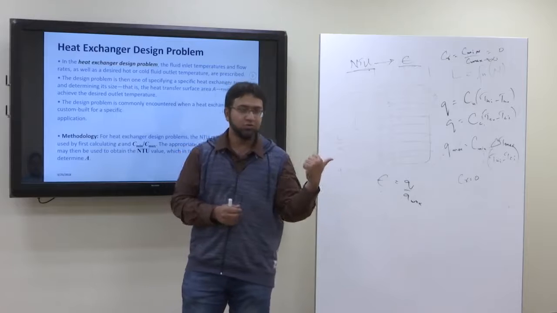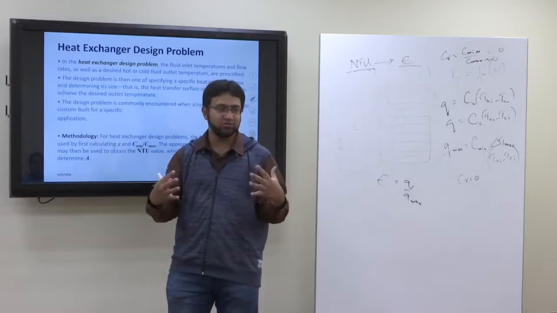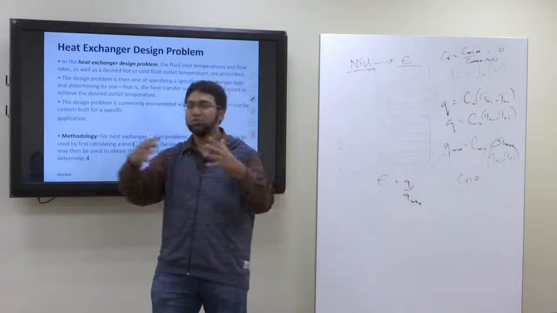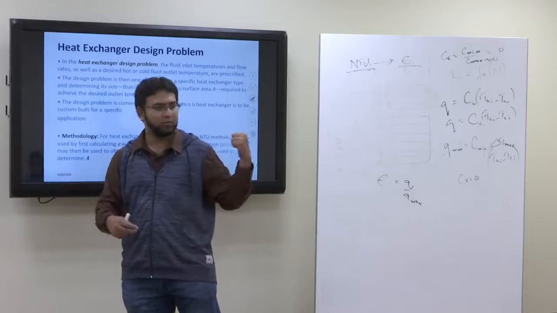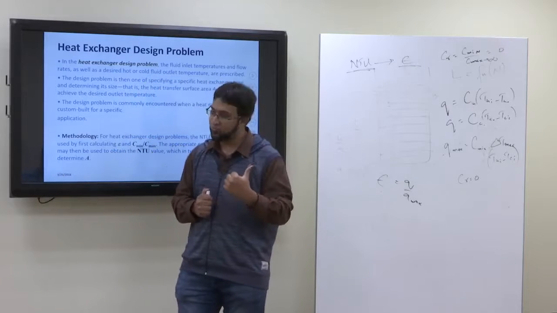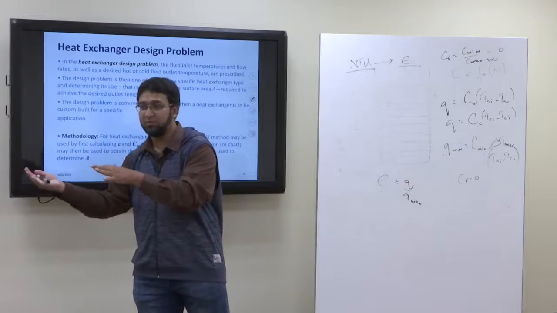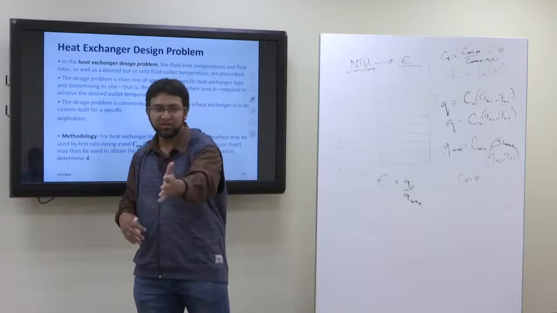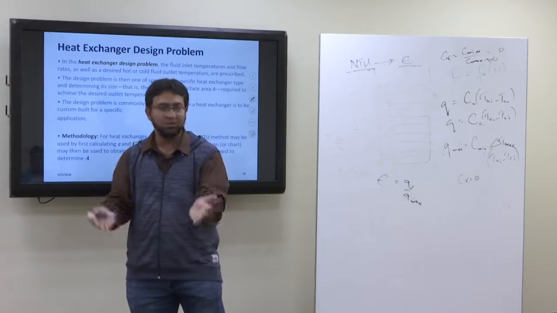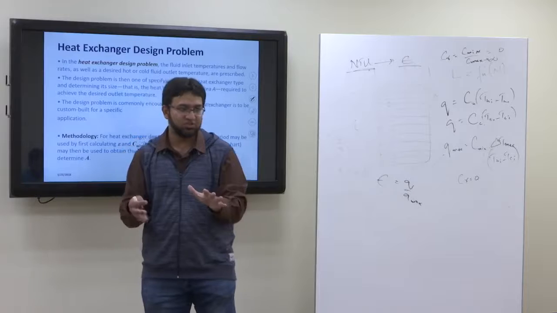In a design problem, you don't have the dimensions. You have all the inlets and outlets, and you want to know what should be the length, like the kind of problem we have been solving before. The other kind is the performance type of problem. Let's say you go to a market and purchase a heat exchanger. Now the heat exchanger is with you, and you know the dimensions and everything about it.